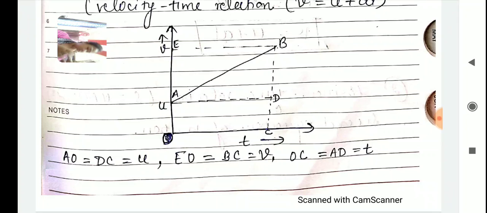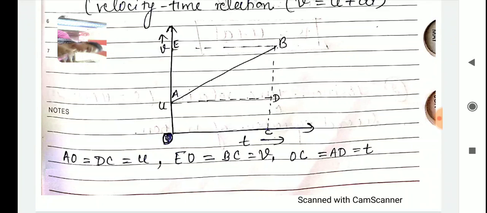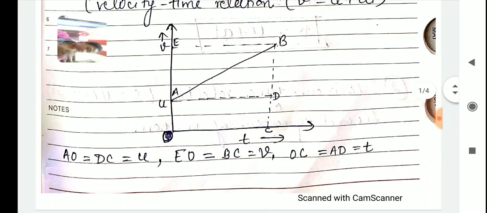Whatever magnitude we get from point O to E, the similar magnitude we get from point B to C. That means EO equals BC, and that equals our final velocity. After that, we have OC, and OC represents the time during the motion of the object.